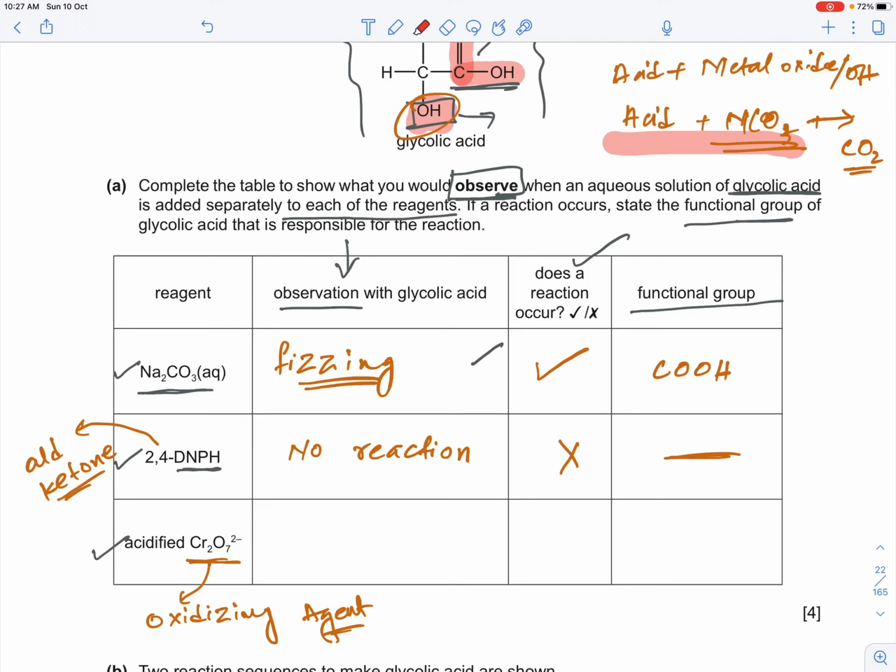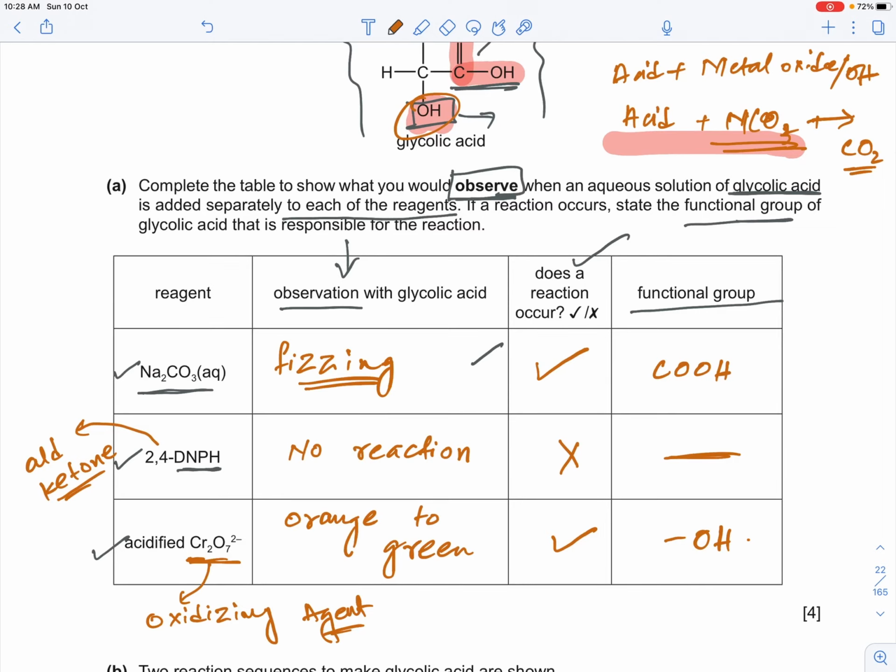So acidified potassium dichromate will oxidize alcohol, and the observation we get is: acidified potassium dichromate is orange in color, and when it oxidizes a substance, the color changes from orange to green due to the change in oxidation state of the chromium ion. So the reaction occurs, yes, and the functional group responsible is the OH group.